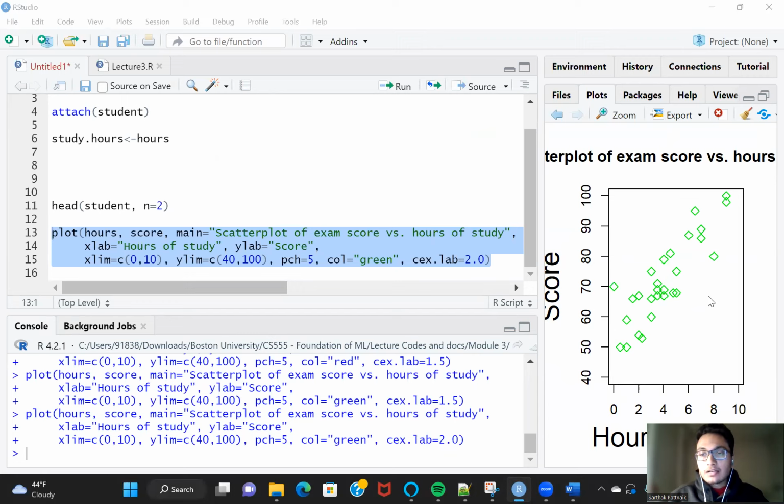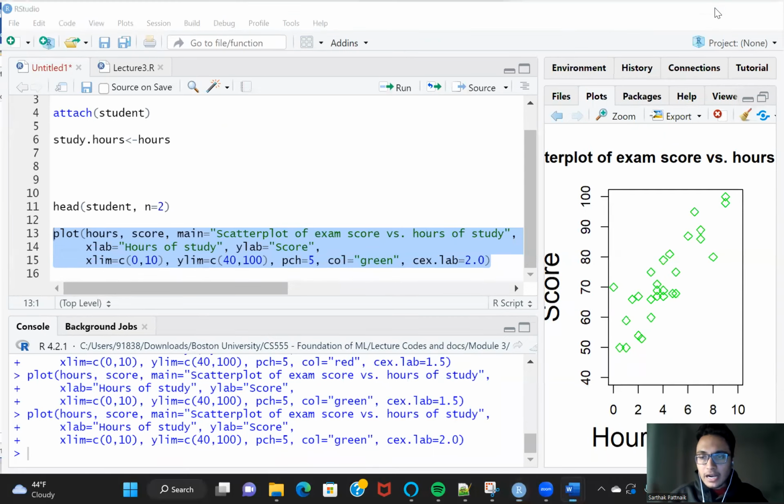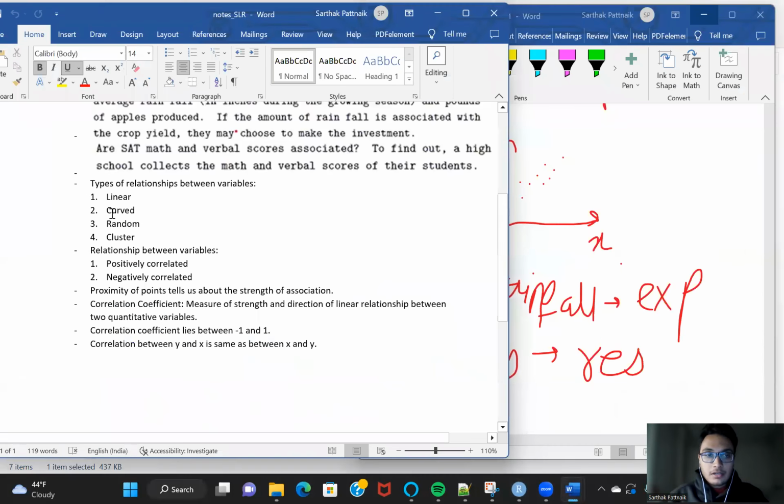Therefore, I can surmise that the relationship between these two variables is a linear relationship. There can be other kinds of relationships. There can be curved relationships, there can be random relationships, and there can be cluster relationships. For our discussion in this particular series of sessions, covering this module on linear regression, the most fundamental and the most pertinent is going to be linear relationships.